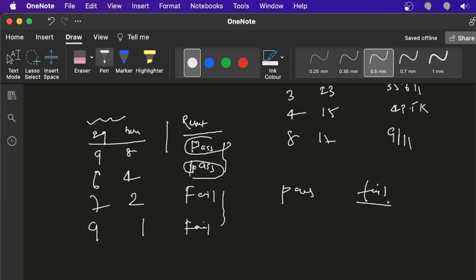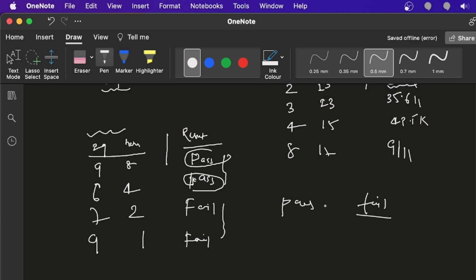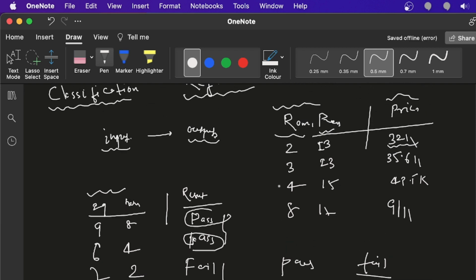When your output is fixed or some distinct output is possible, then you are under classification, supervised machine learning.